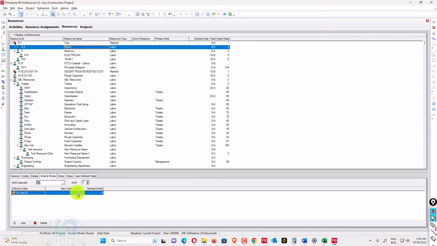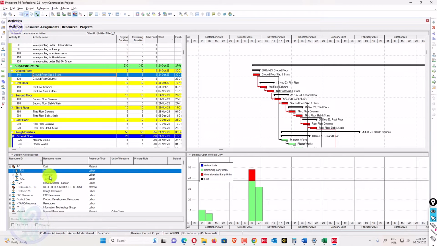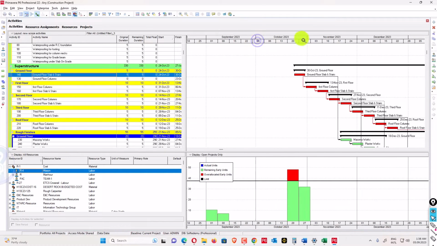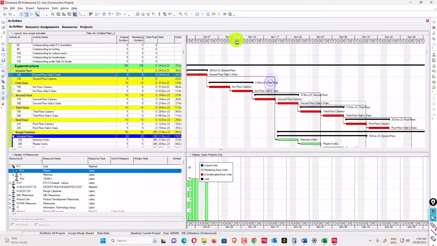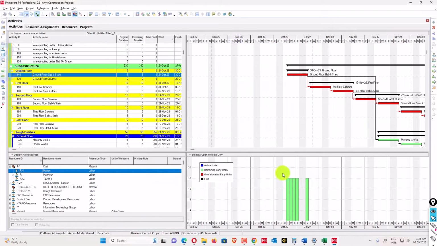When I go here to the mason and maximum units per time, we go to the time scale and set it to week per day. We consider what the per-day allocation is. Per day it's 16, which is not over-allocated, but in weekly cases it is over-allocated.